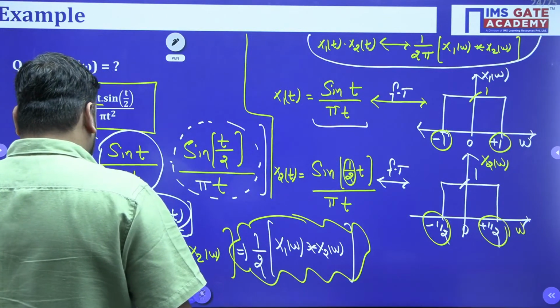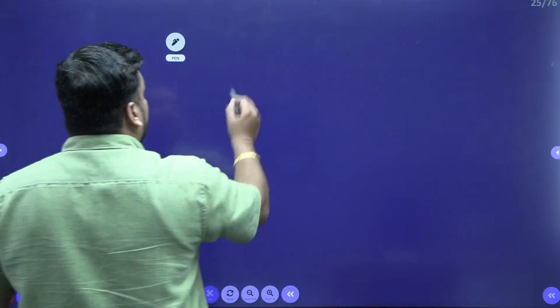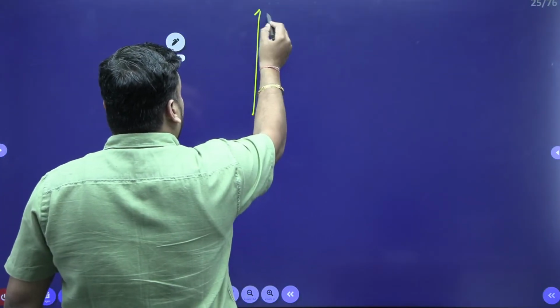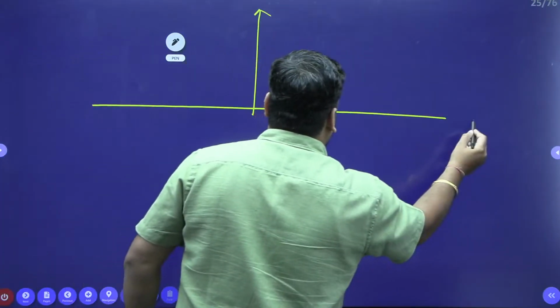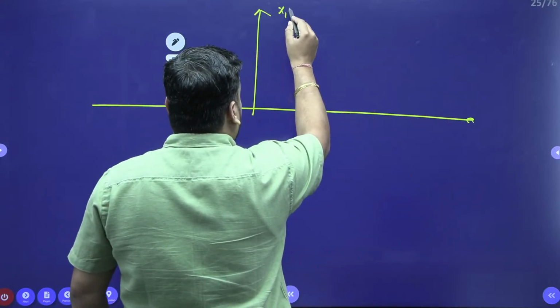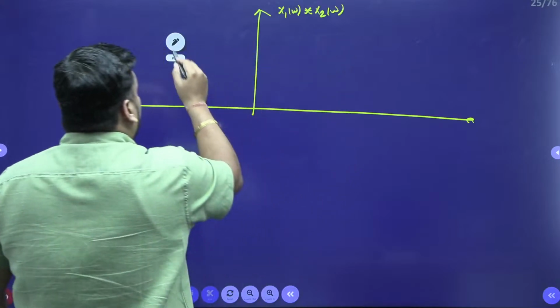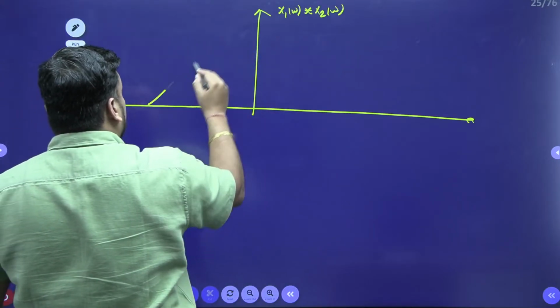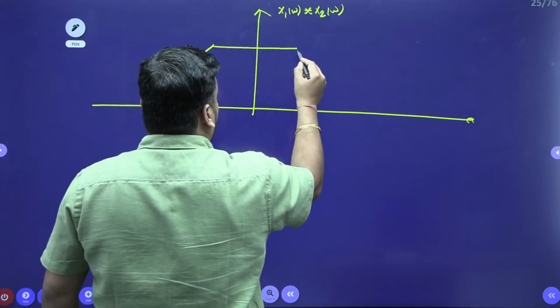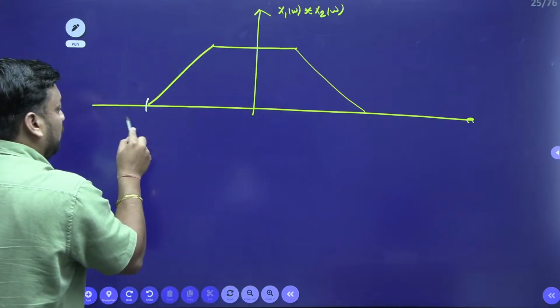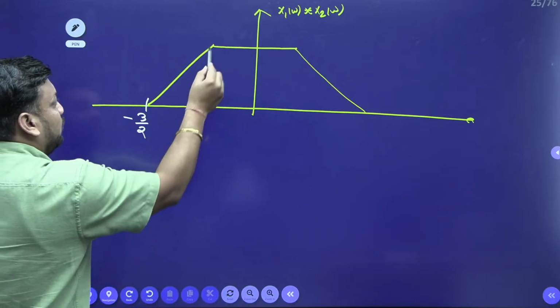So ultimately I get the final expression: x1(omega) convolved with x2(omega) is a trapezoidal pulse starting from minus 3 by 2.